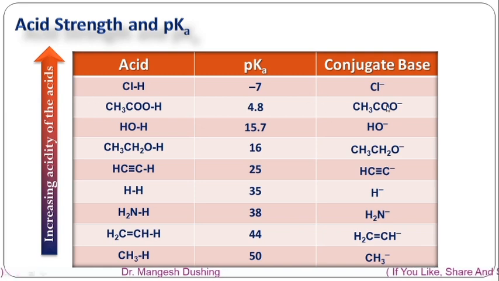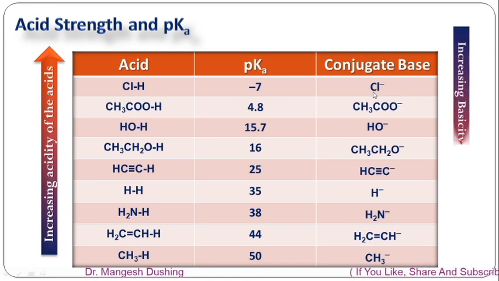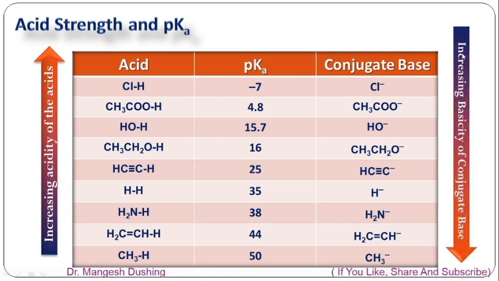As we know, for a stronger acid, a weaker conjugate base is there. So, this arrangement is like this, increasing basicity of the conjugate base. A stronger acid has the weakest conjugate base, while a weak acid has a stronger conjugate base.